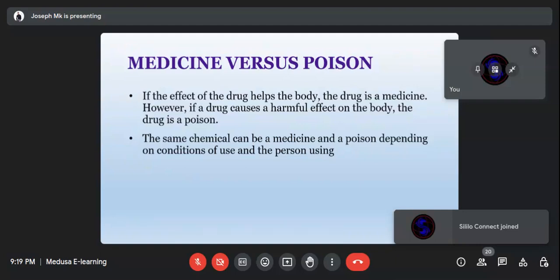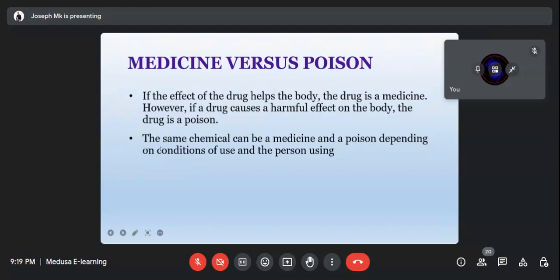Like in the definition that WHO has given, at the end you saw that a recipient has to benefit from it. Now, if you as the recipient are not benefiting from it, it does not qualify to be called a drug. That one is going to be a poison. It is now called a poison.